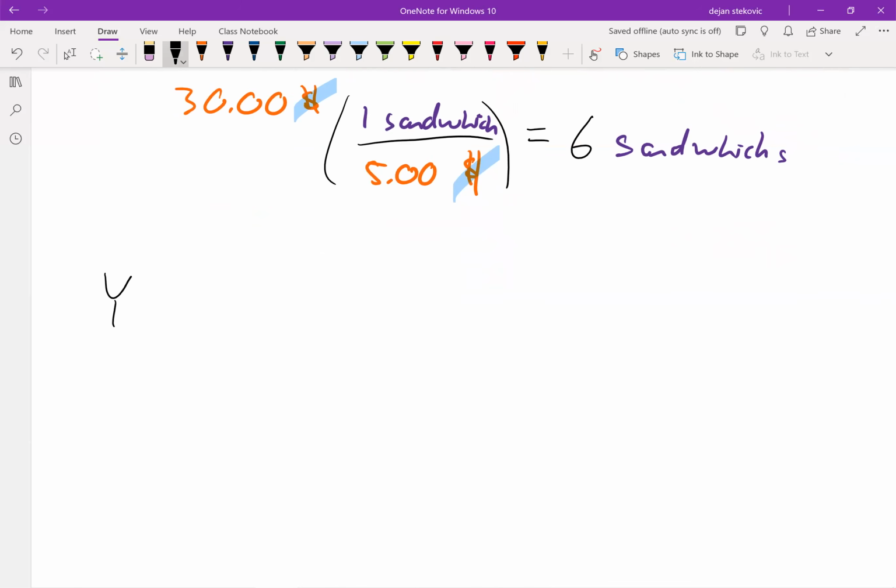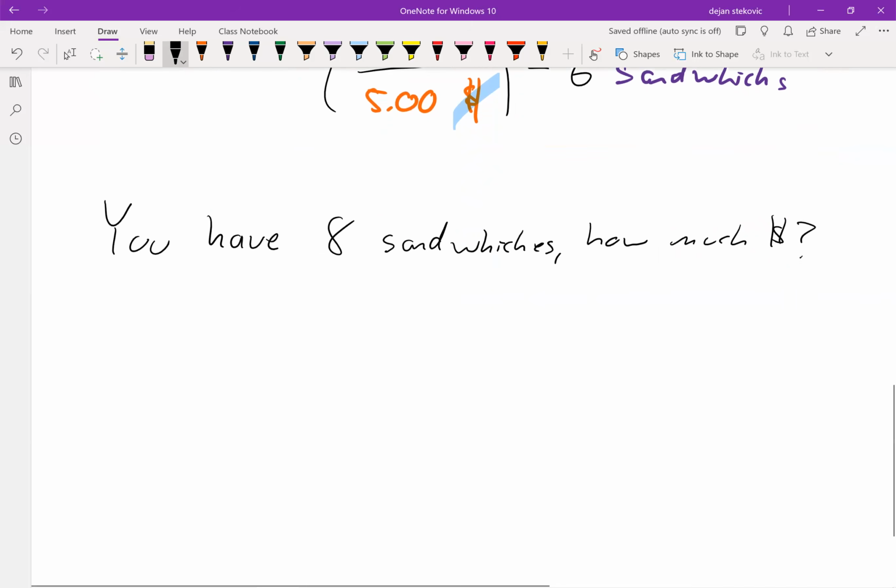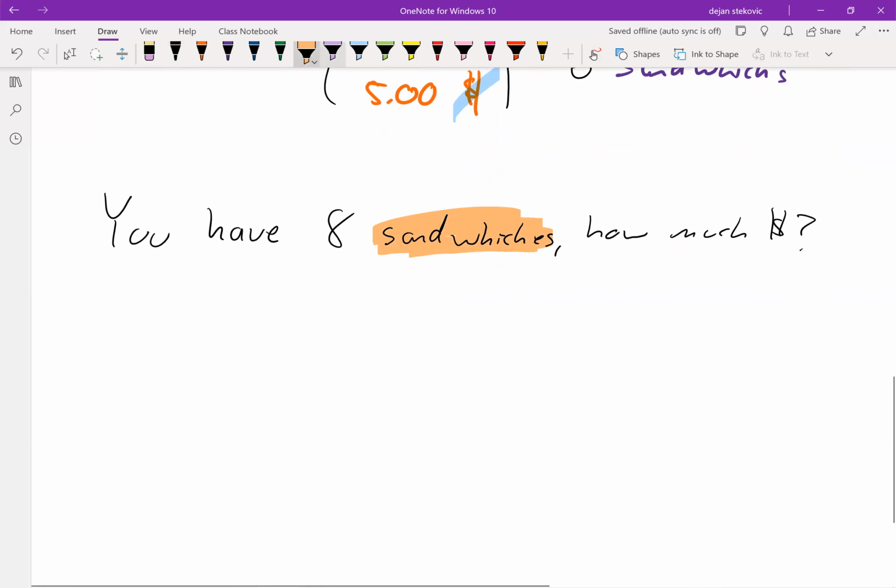You have 8 sandwiches. How much money can you sell them for? Again, this time our given unit is sandwiches, and our desired unit is now dollars.